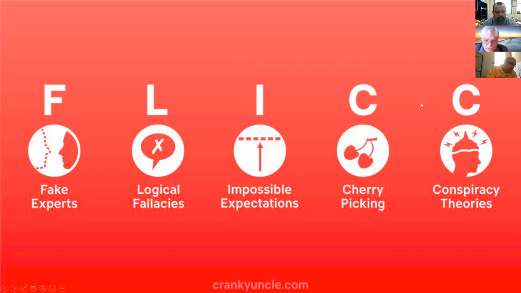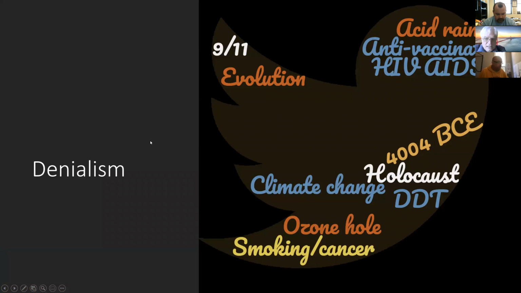And particularly with the advent of the internet, Facebook, Twitter, etc., any Tom, Dick, and Harry can put up their website and Joe Blow's blog and whatever you want to name it. There's a lot of false information going around. And you need to take a close look at your sources when you look at this information about denialism.